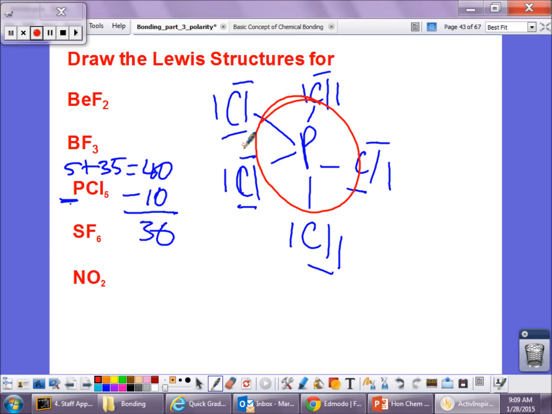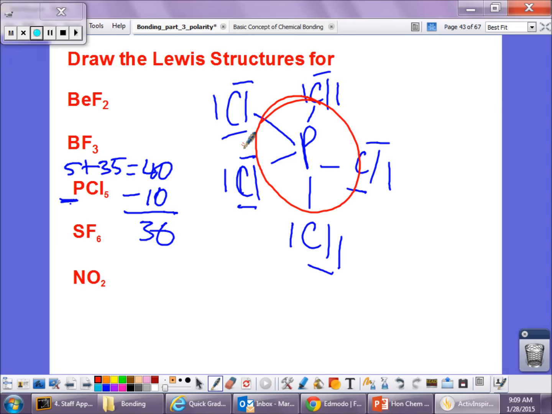Any non-metal from the P block starting with period 3 going down on the periodic table, that means period 3, 4, 5, 6, 7, can have an expansion of the octet. That means they can hold more than 8 electrons. Alright? So, nitrogen cannot, because I said period 3 down.